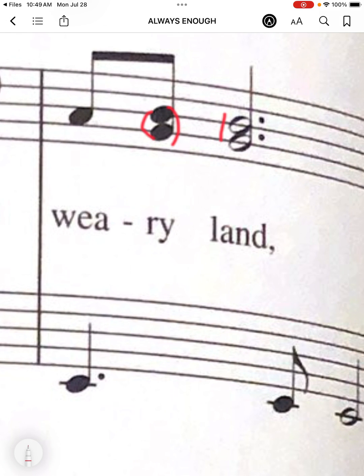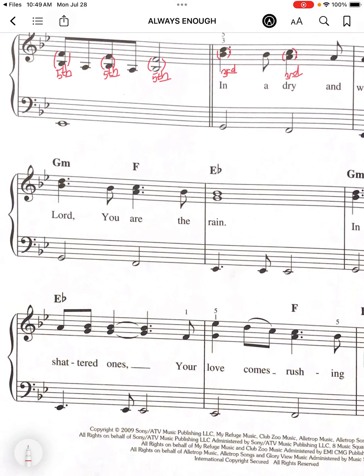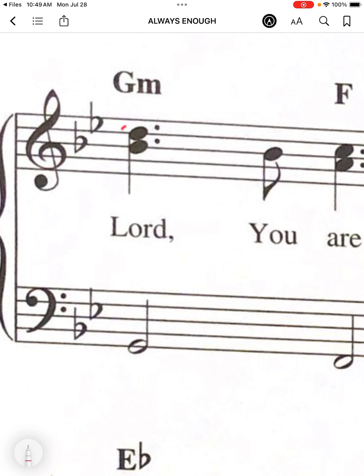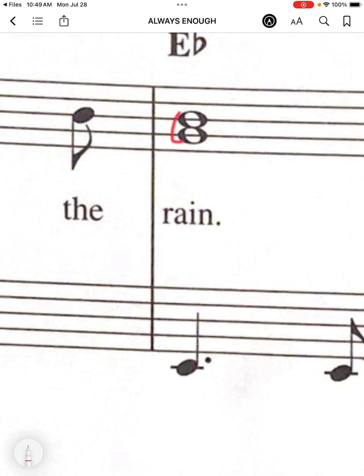These two and these two are also thirds, in terms of intervals. Alright, this is a third. This is a third. Okay, and this one also.